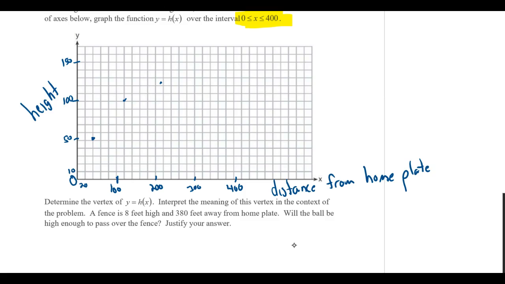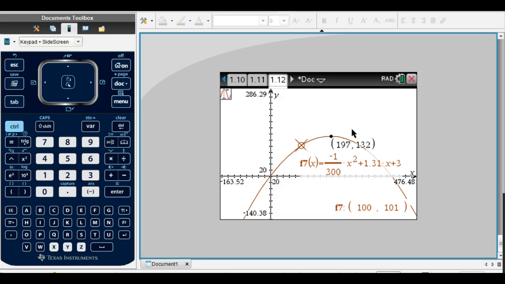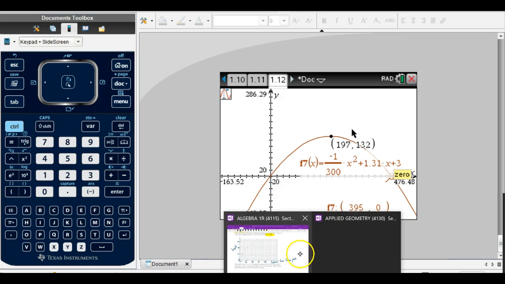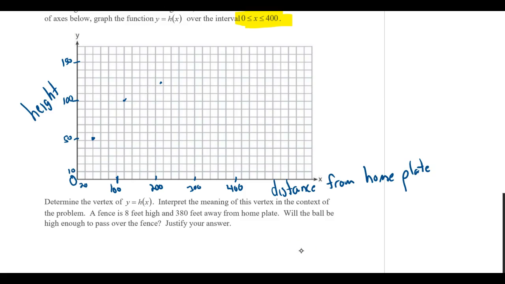And now I really start to have the makings of a curve that I can use as a mirror image. I guess it's important to know when this is going to actually hit the ground, so I'm going to move my cursor to the right until I find the 0, which occurs 395 feet away from home plate. It'll be 0 feet above the ground, which is about right here.